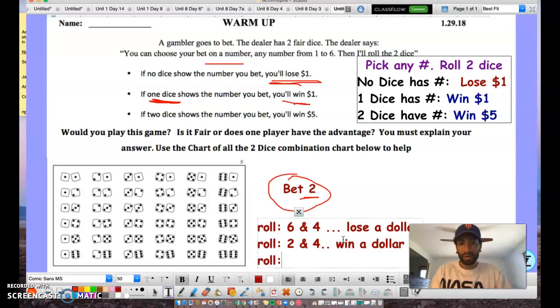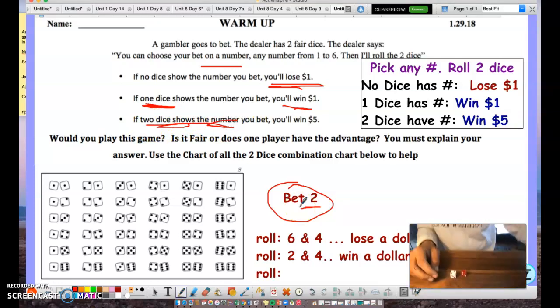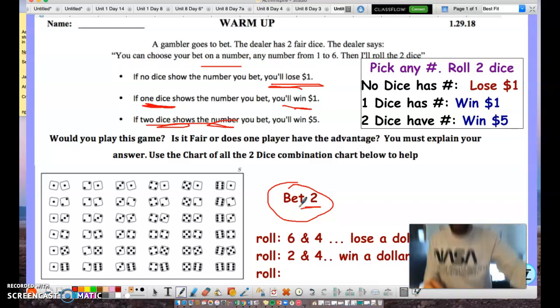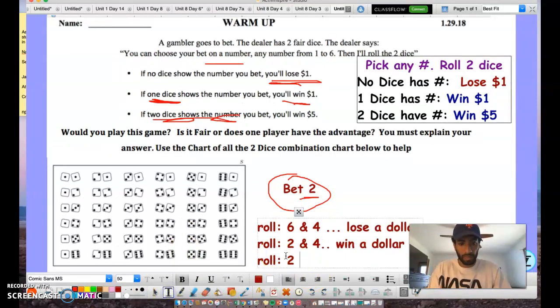The last scenario is if I roll 2 2s, so I roll a 2 and a 2. Because my number was a 2, if I roll 2 of them, I win $5.